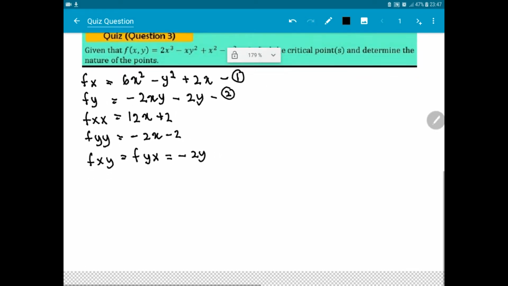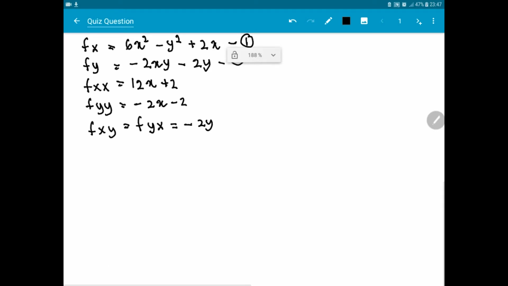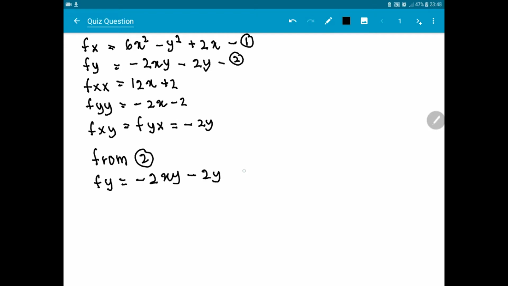We need to find the values of x and y, so I choose equation 2, fy equals negative 2xy minus 2y, equal to 0.